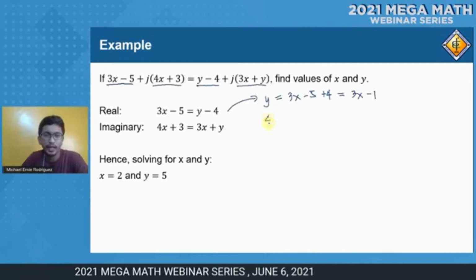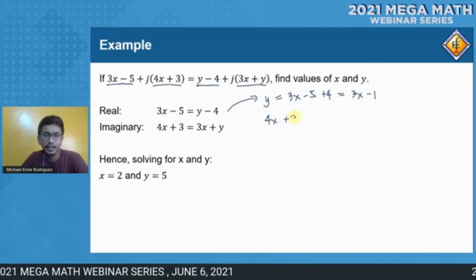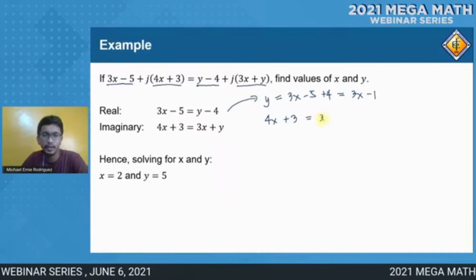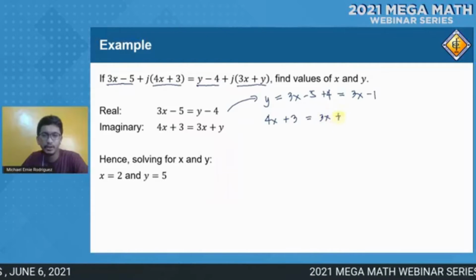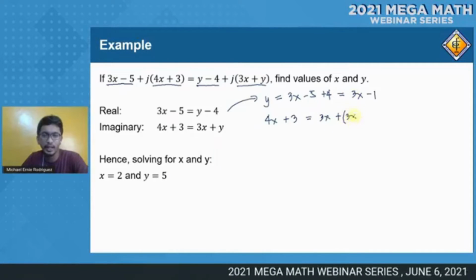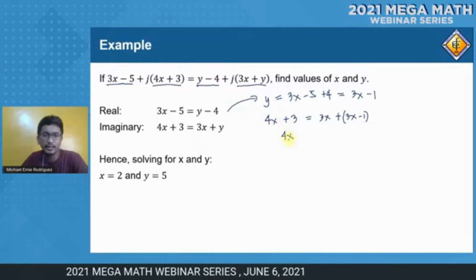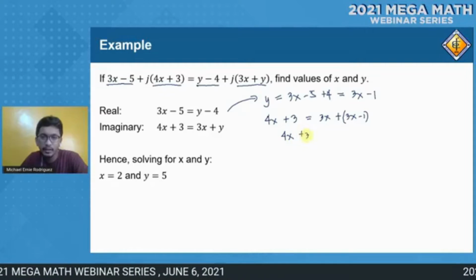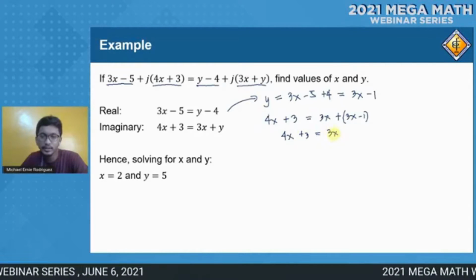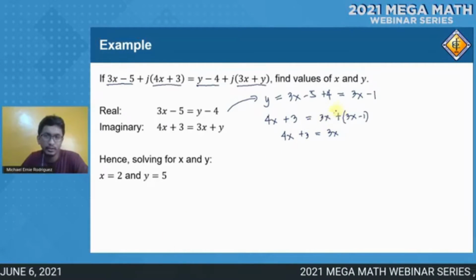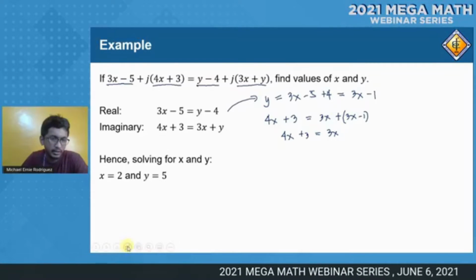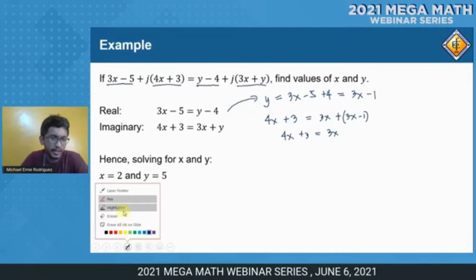So we have 4x plus 3 is equal to 3x plus your y, which is this one, 3x minus 1. So by algebra, we have 4x plus 3, that is equal to 3x. So gawin na natin, so we have 3x plus 3x, so that is 6x.